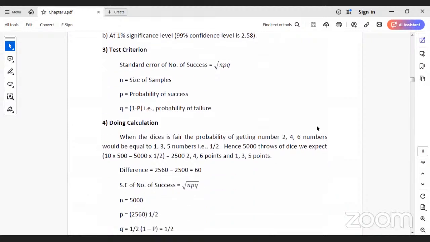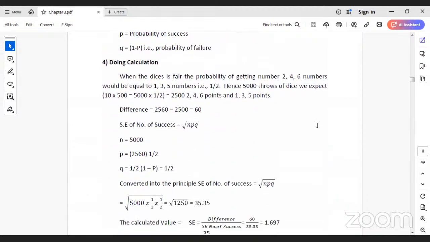So doing calculation, you observe carefully here. When the dice is fair, the probability of getting 2, 4, 6 numbers would be equal to 1, 3, 5 numbers. That is 1 by 2 of the value. Hence, in 5,000 throws of dice, we expect 10 into 500 is equal to 5,000 into 1 by 2, that is 2,500, 2, 4, 6 points and 1, 3, 5 points.